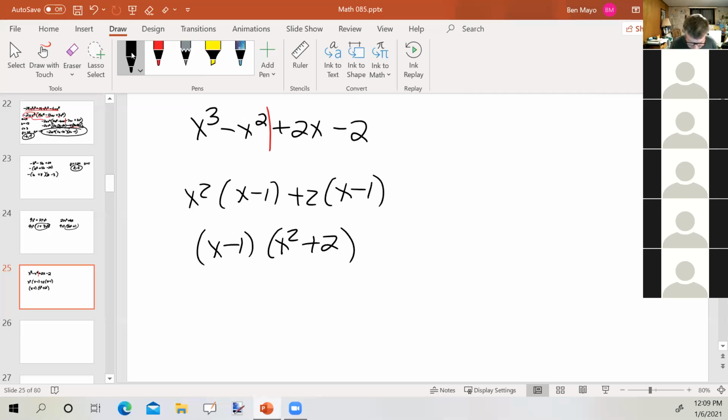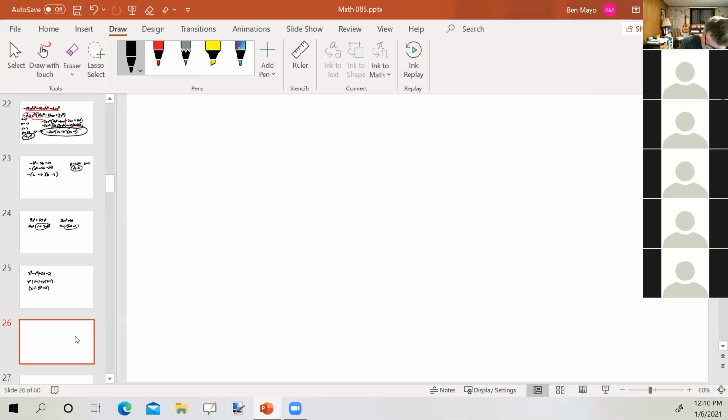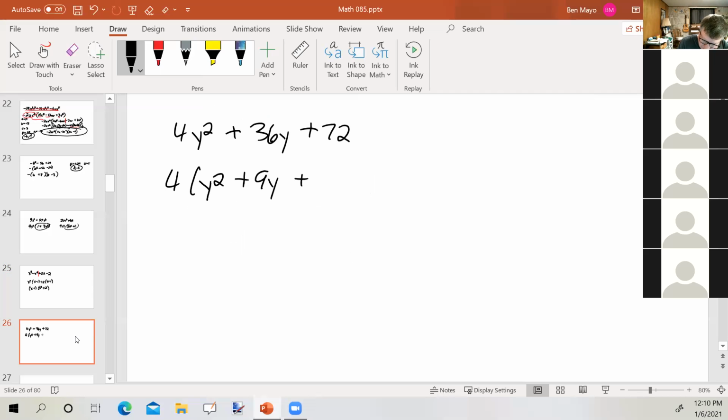Next one. 4y squared plus 36y plus 72. Well, this is a trinomial in standard form. It has a greatest common factor of a 4. And that's going to be what, 18?